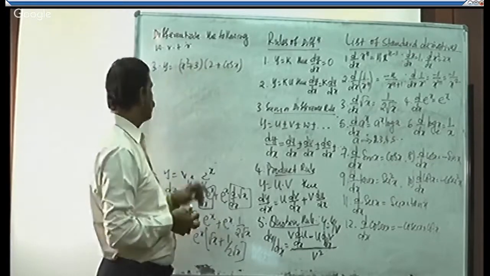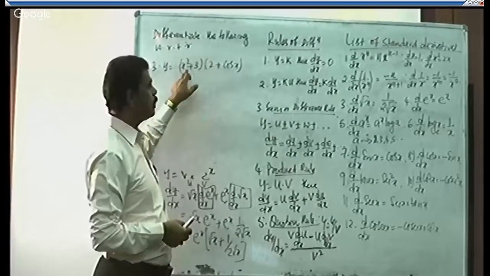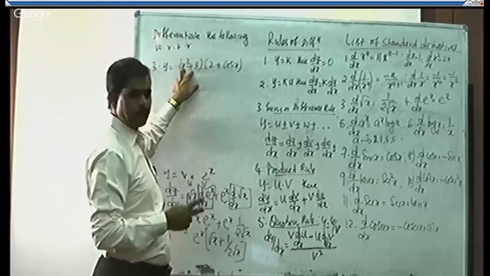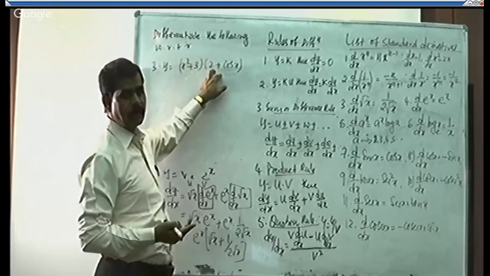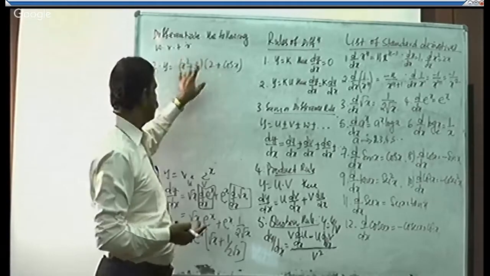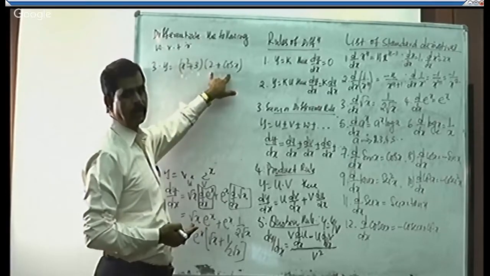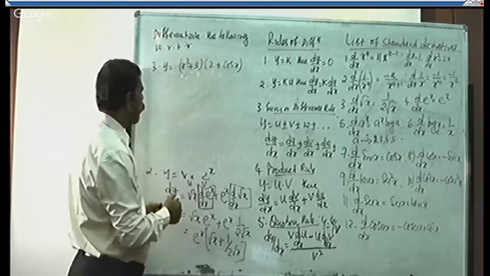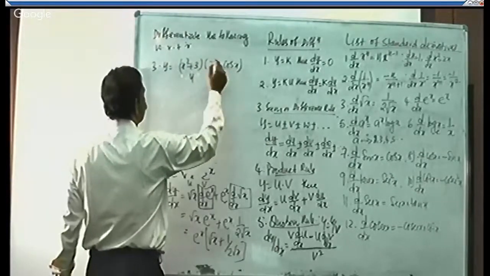But here u and v will be a sum of two terms or sum of three terms. This is u, this is v. There are two brackets. The entire bracket is considered as u and v.